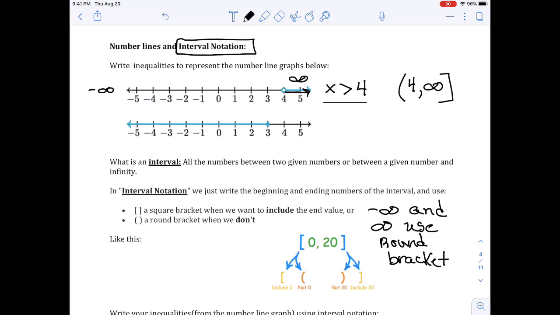In the second graph, we see highlighted the values that are to the left of 3. So again, I will begin by labeling the leftmost part of the number line -infinity and the rightmost part of the number line positive.